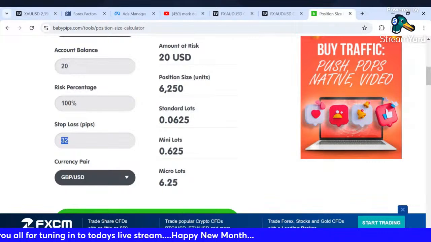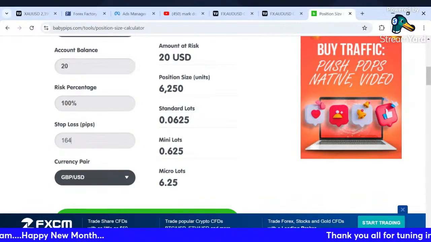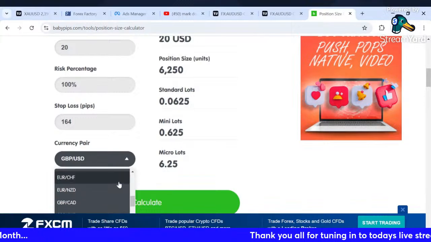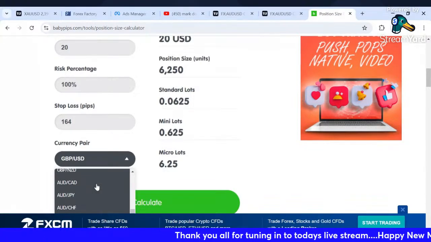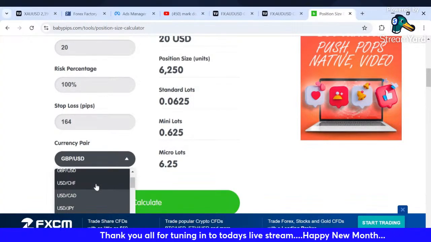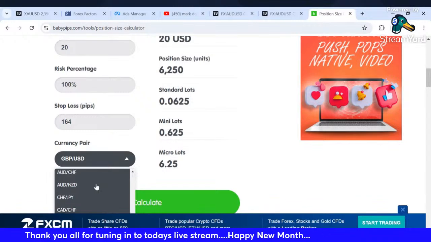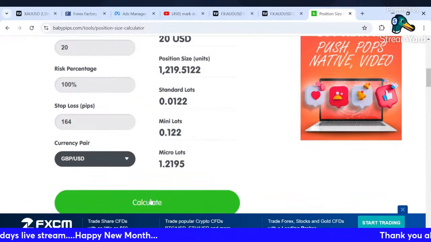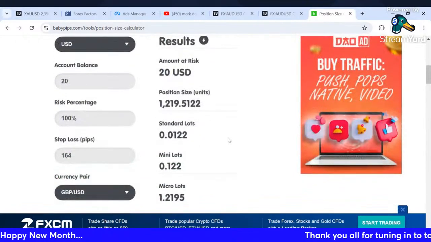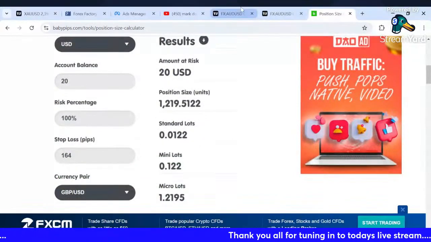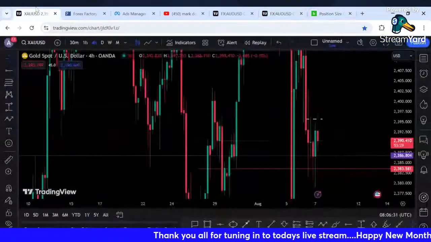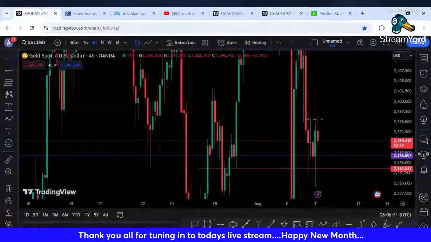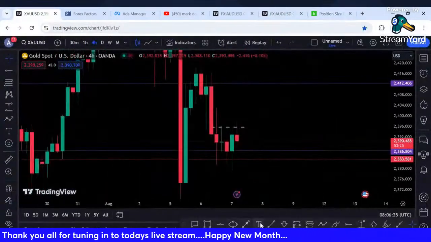If your stop loss is going to be 164 pips, I'm not sure gold will be here. Gold is not here. So you have to do your manual calculation.